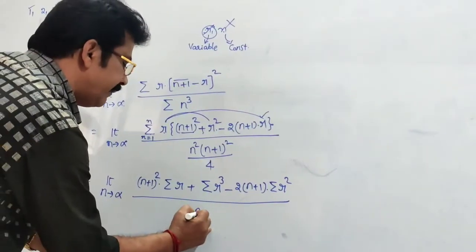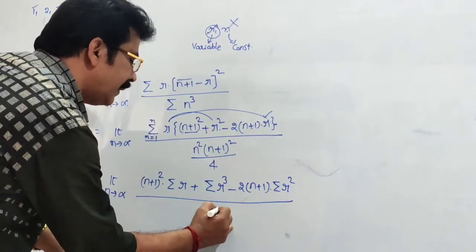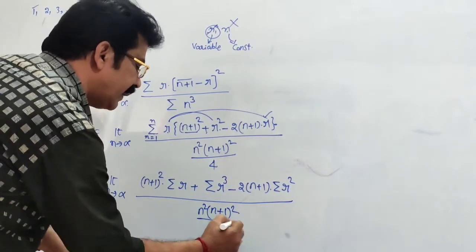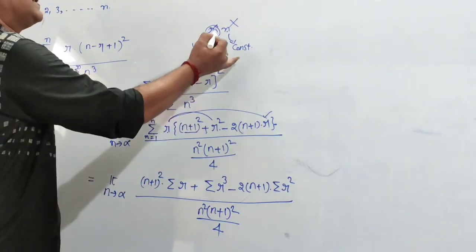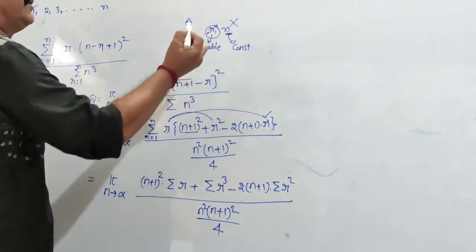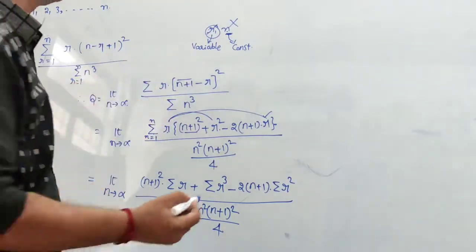I will write here itself n square into (n plus 1) whole square divided by 4, because I already said with respect to r, n is a constant and r is the variable.